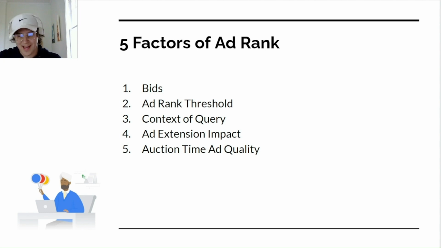The second is your ad rank threshold. Google kind of has this metric in a black box, but basically ad rank threshold determines your ability to compete in an ad auction. Thresholds are determined dynamically at the time of each auction based on various factors, including your ad quality. And to help maintain a high quality ad experience for consumers, lower quality ads have higher thresholds.